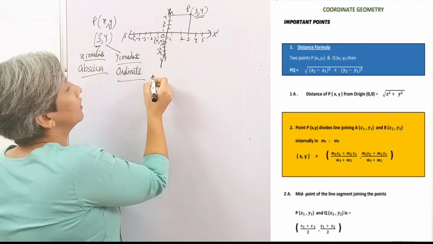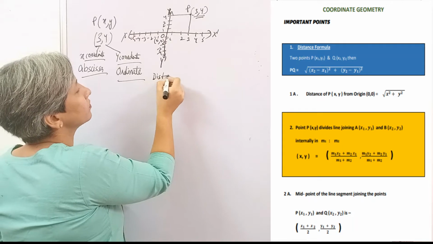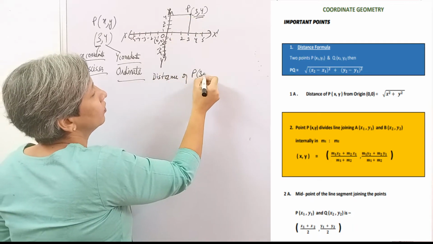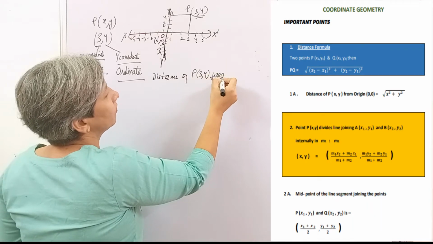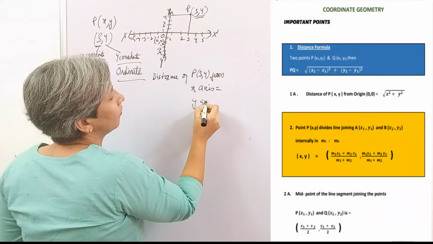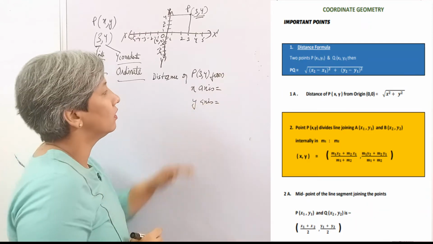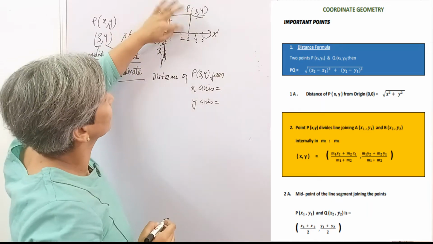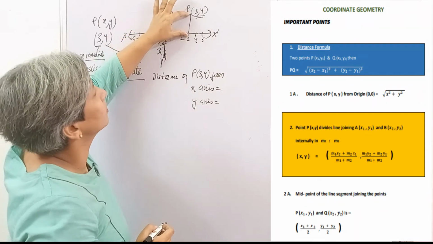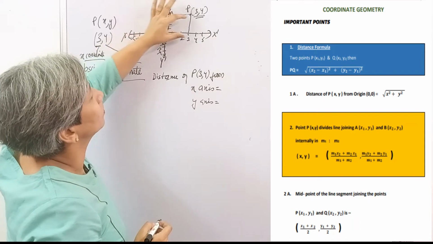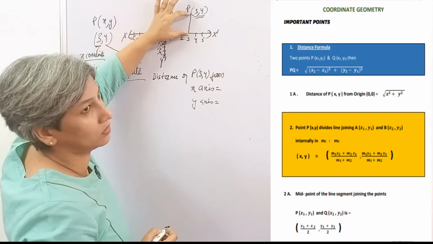That means the distance of P(3, 4) from the x-axis and from the y-axis is, see, the distance of this point from the x-axis is this much, which is parallel to this, and this was 4. So you can see this is 4, so this is also 4.